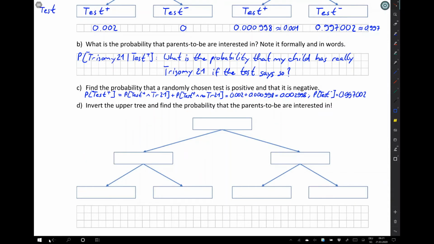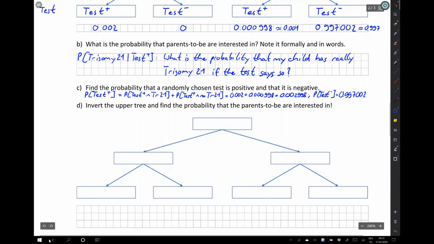In this tree, let us use rounded probabilities. So instead of this number, let's use just 0.001, and let us round this also just to 0.997. And then also here, this will be 0.997, and this is rounded 0.003. Now start with filling in the empty boxes.